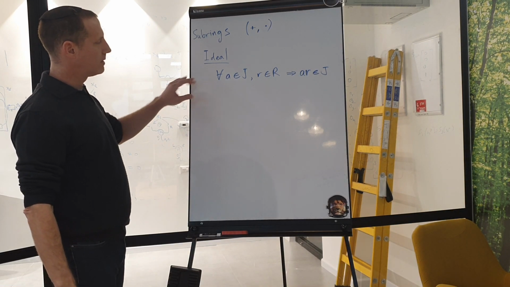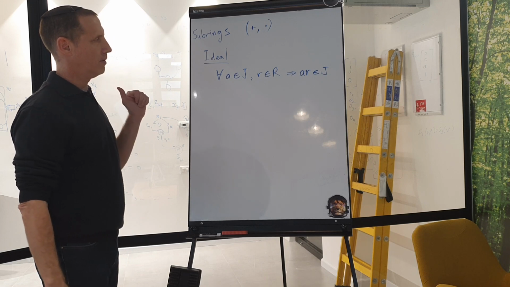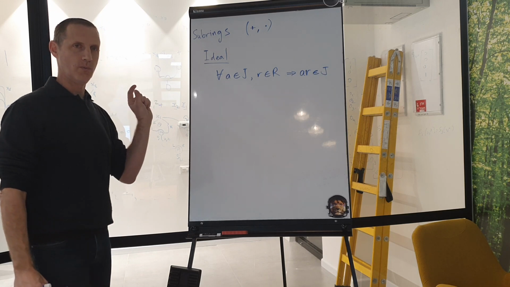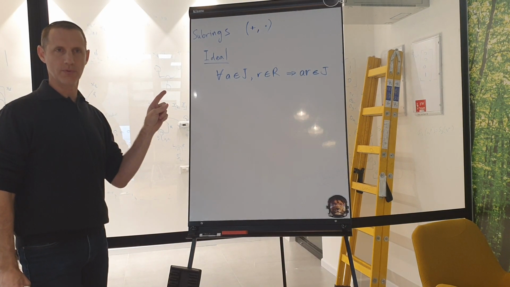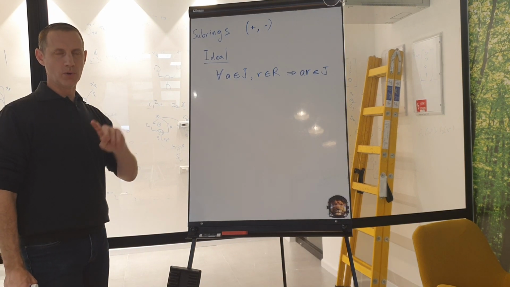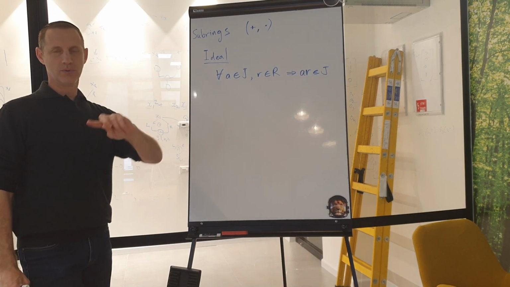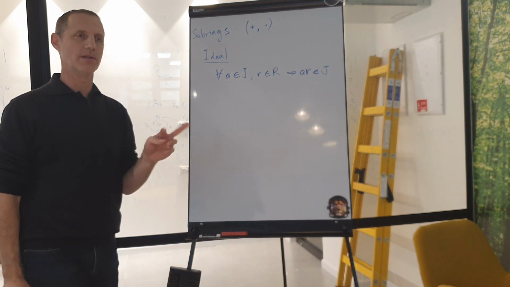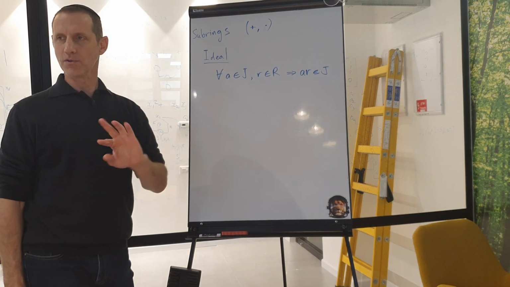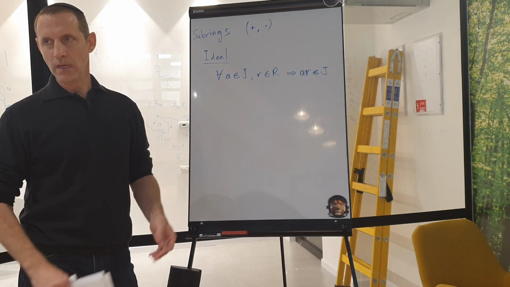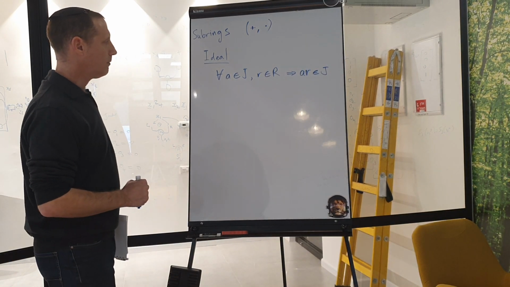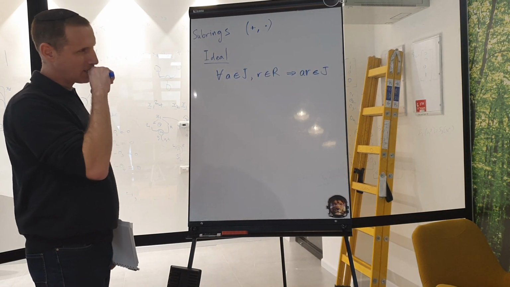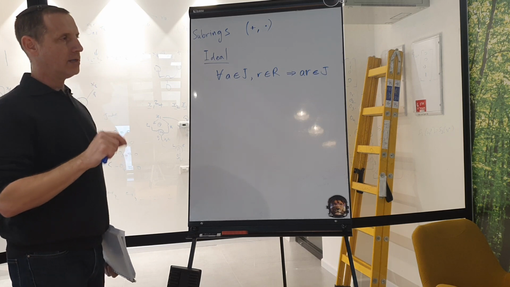And it's very similar, if you remember, with groups, we wanted normal subgroups, right? And normal subgroups are essentially two-sided subgroups, right? That the right cosets and the left cosets are equal. And I think that we didn't actually dive into that nuance.